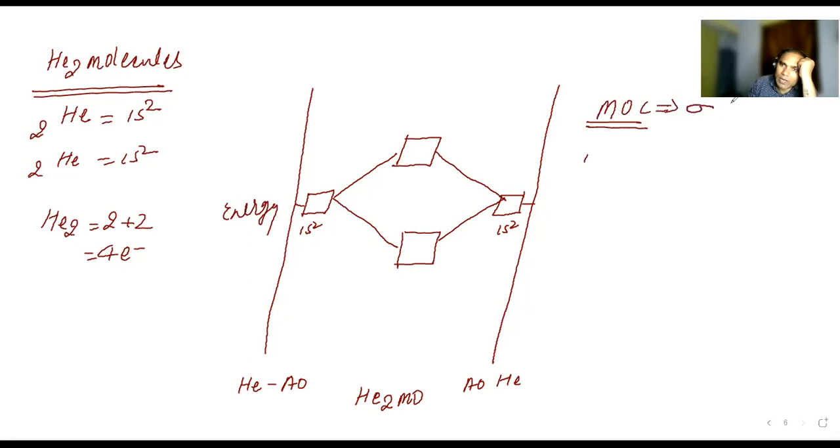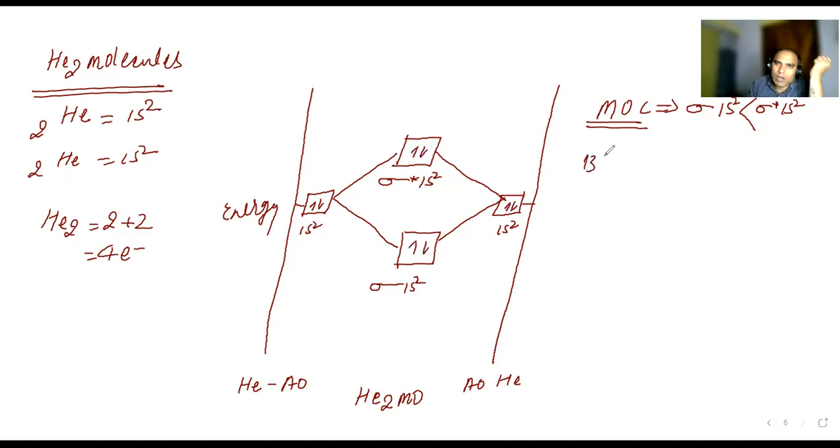So sigma 1s2, then sigma star 1s2. Here will be sigma 1s2 and here sigma star 1s2. Electrons fill the atomic orbital 1s2 on this side and 1s2 on the other side, so the total is 4 electrons: 1, 2, 3, 4.